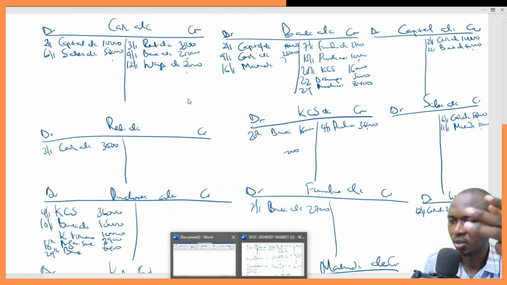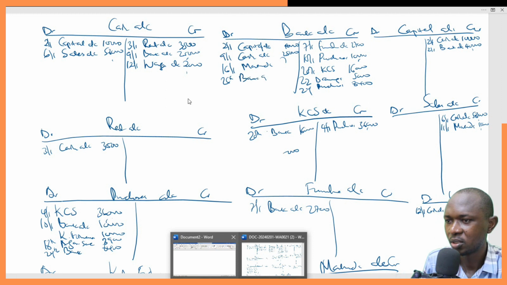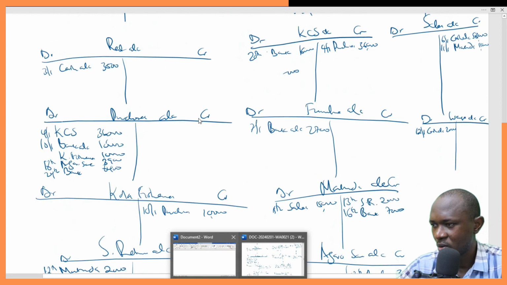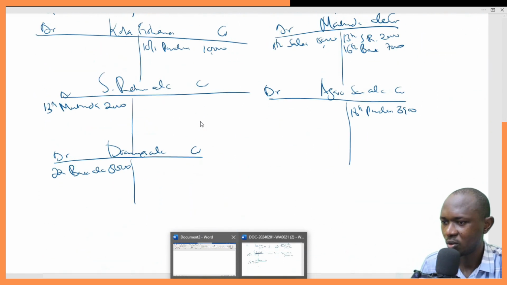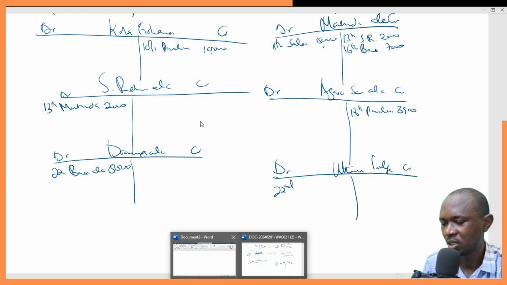Then we go to Uthiru Lodge. Do you have Uthiru Lodge anywhere? We don't have Uthiru Lodge, so we'll open an account for Uthiru Lodge. This is 22nd, and we need to debit that. The reason is sales.